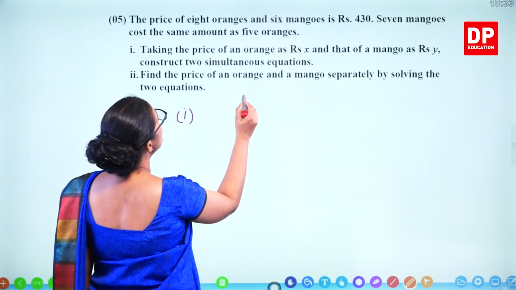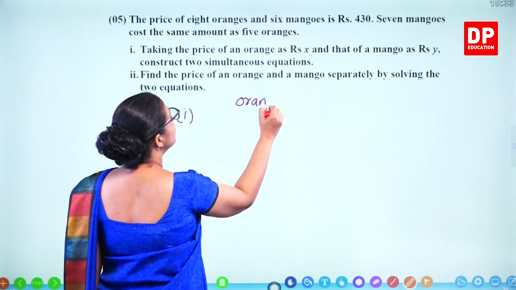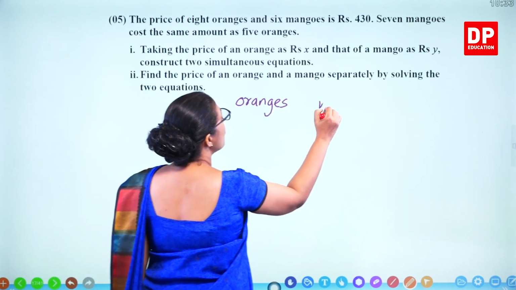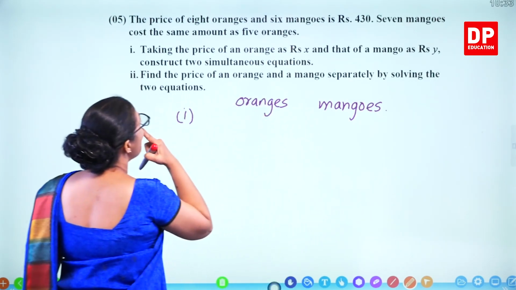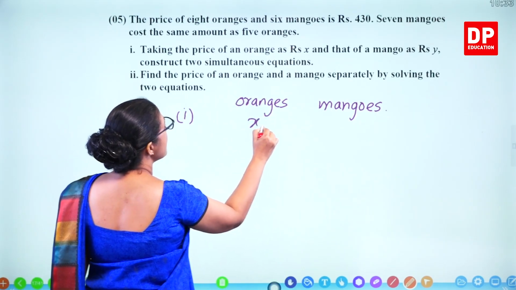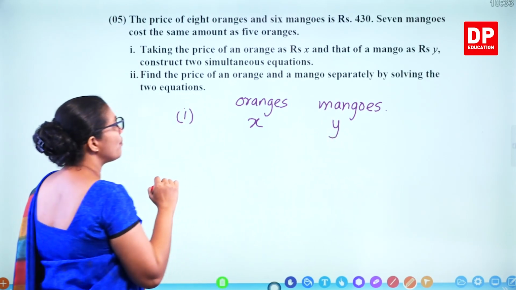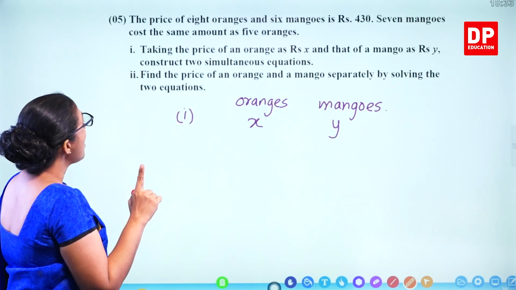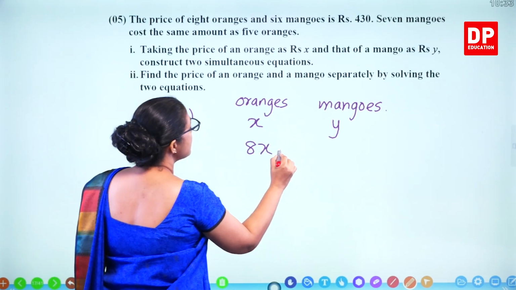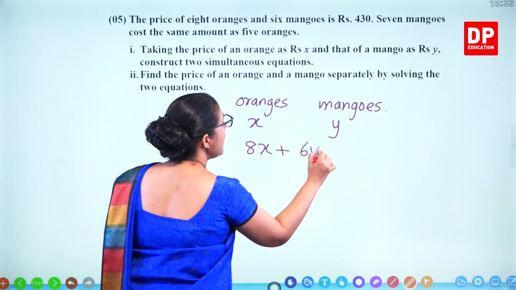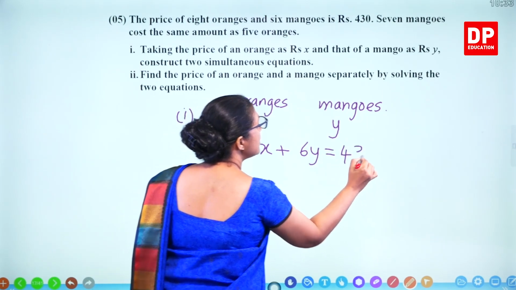So what are the 2? Oranges and mangoes. X as the price of orange, Y as mango. The price of 8 oranges and 6 mangoes, 8x plus 6y, is 430.